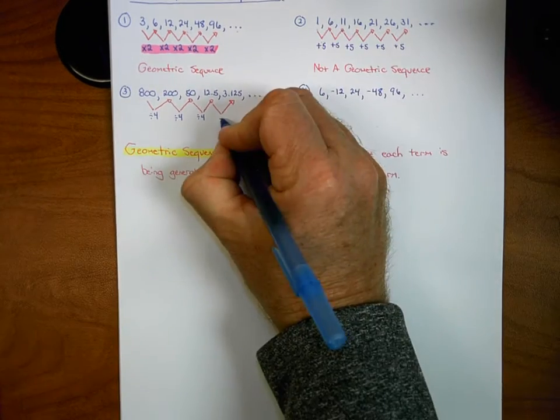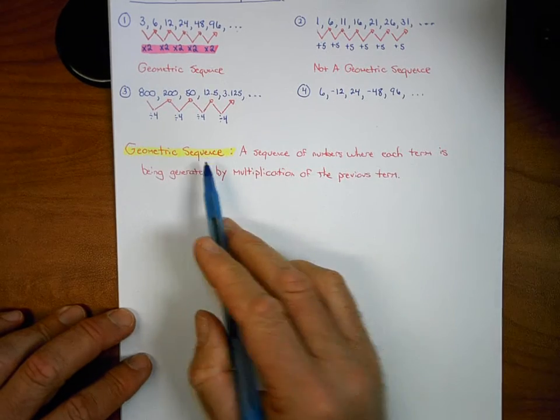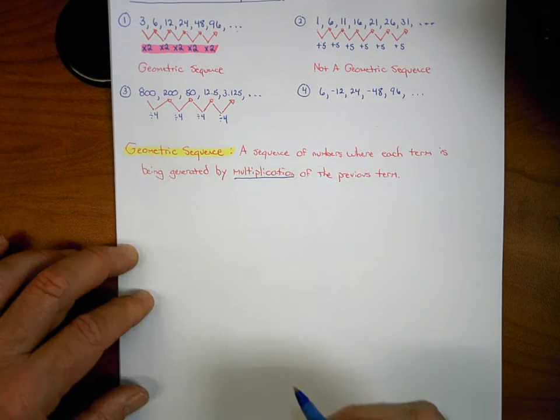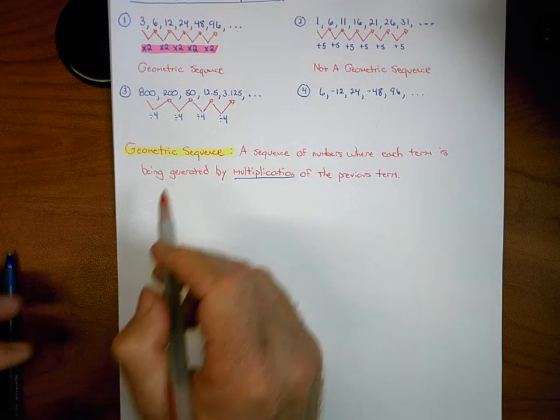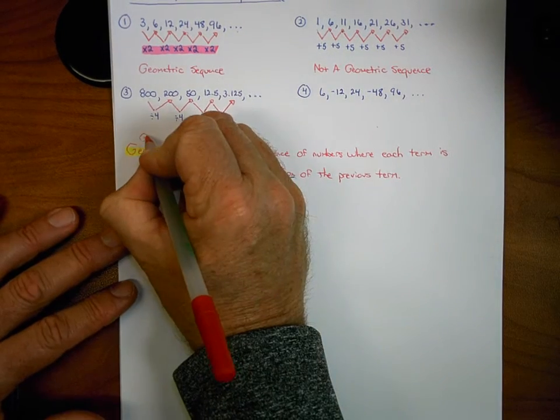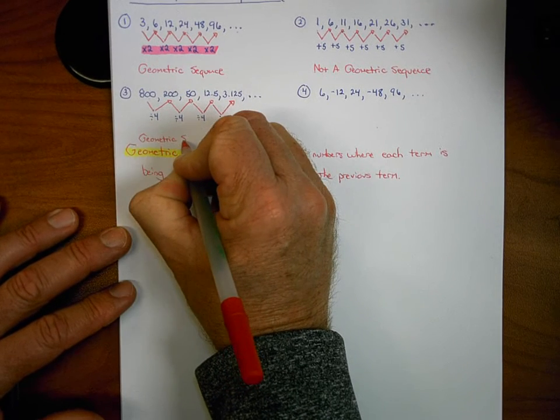So we are dividing by 4. But here's the problem. A geometric sequence involves multiplication, not division. So the question is, is the sequence in number 3 geometric? The answer is yes, it is geometric. So number 3 is a geometric sequence.